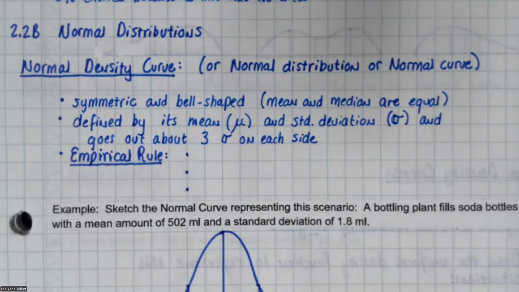And it goes out about 3 standard deviations on each side, every single time. That's why the chickens, when they said the 3 standard deviations above the norm, was so exciting. If somebody told you that, you should be really grateful, because that means you're all the way at the top.